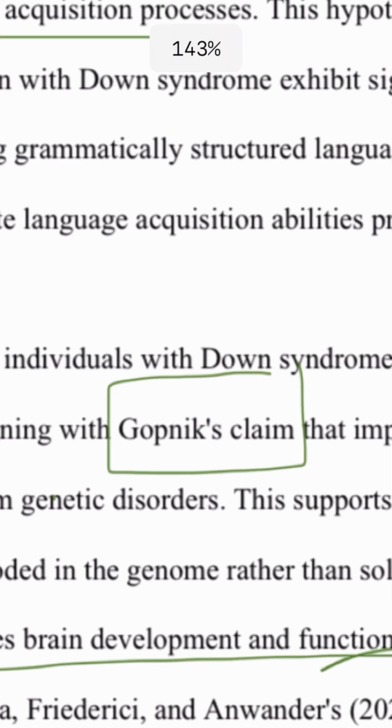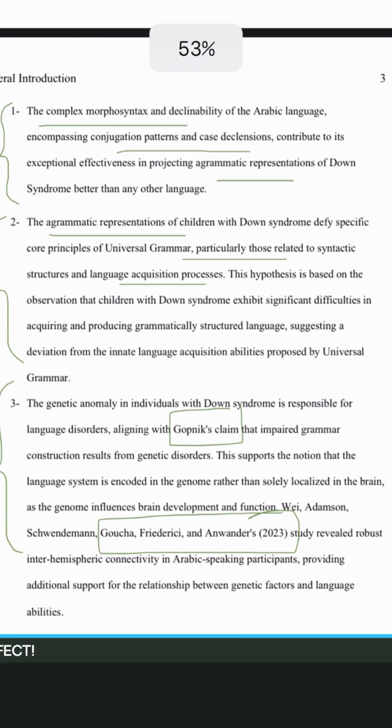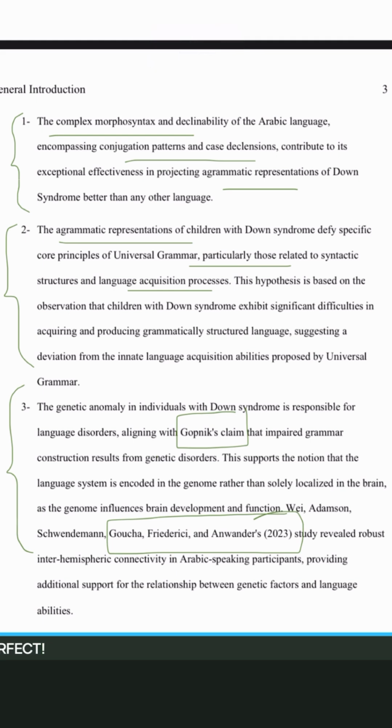So it shows that the hypothesis is not an isolated assumption. We're not just thinking alone, but it is actually based on prior findings in the field, okay? And so this lends credibility and frames the work within the broader academic discourse, okay?